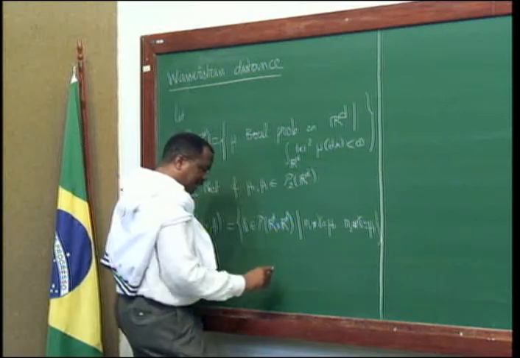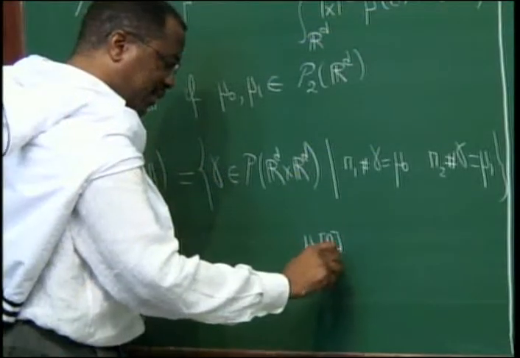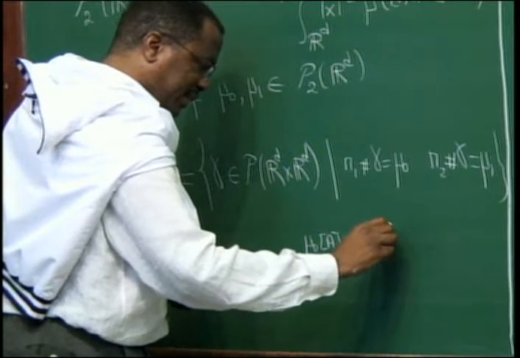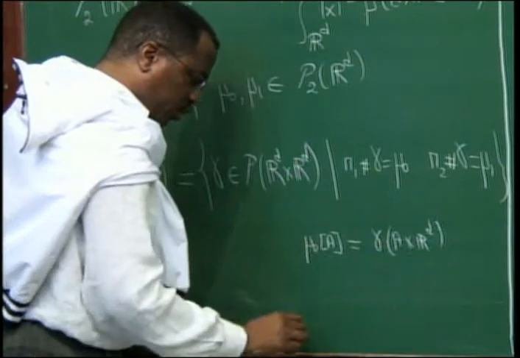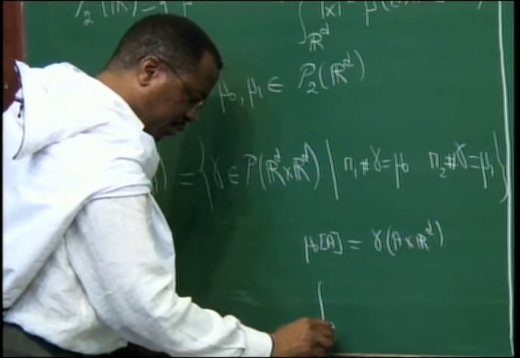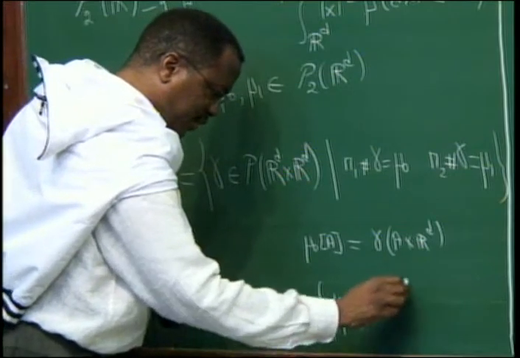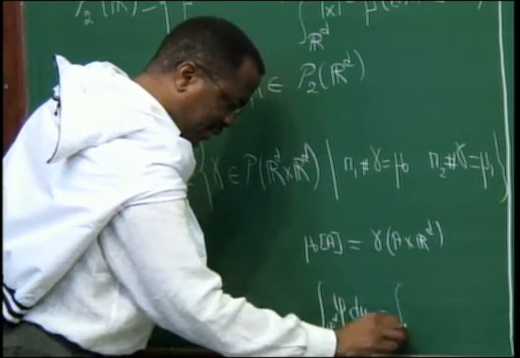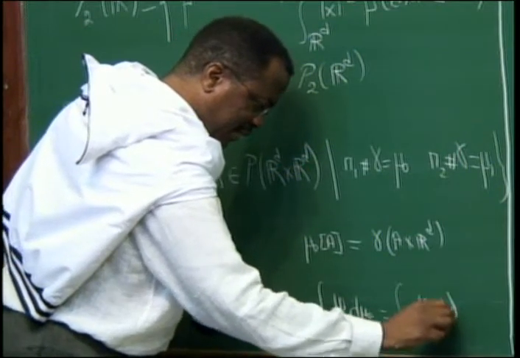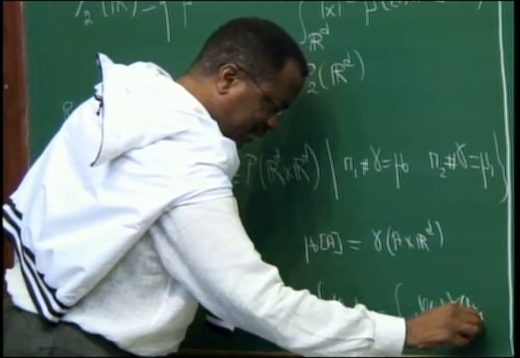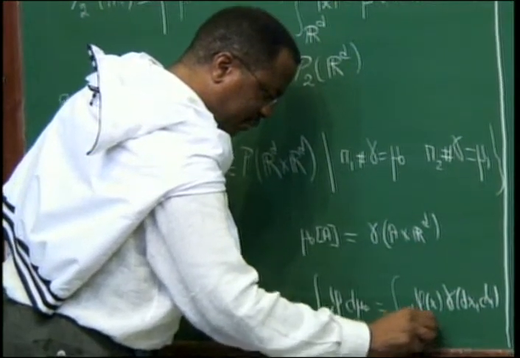So this means that computing mu naught of A is the same as computing gamma of A cross R^d, which is also equivalent to saying that integrating a function phi d mu naught is the same as integrating the function in the first variable against gamma dx dy over R^d cross R^d.